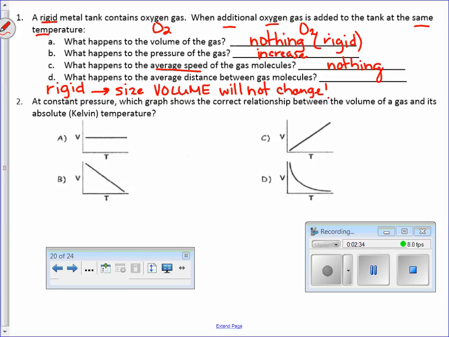What happens to the average distance between the gas molecules? Okay, in this case, it's going to decrease because, let me go down here.